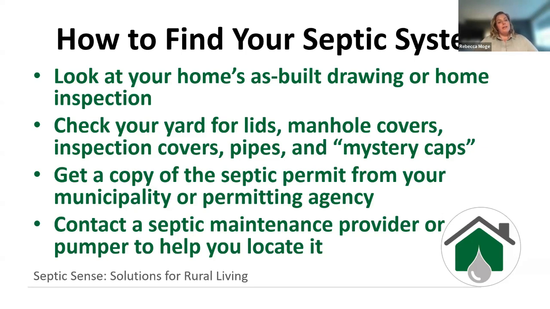You can also get the documentation from a few different sources. A permitting agency, possibly your municipality, may have a record for your property of when the system was installed. In the last 20 years, technology has improved, obviously, so that has really affected record management. If we're going back further than that, it can be really difficult to access or find the history of your property or those files, specifically the record of permits.